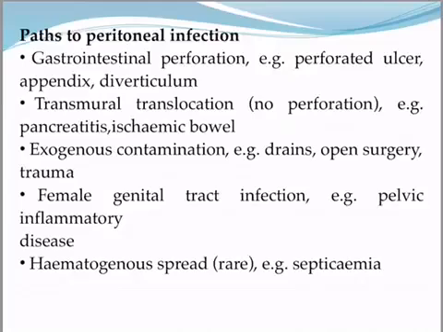Example, pancreatitis, ischemic bowel, vascular occlusion. Or by exogenous contamination from drains, from open surgery, or direct trauma. Or it can reach the peritoneal cavity by ascending infection from the female genital tract. As you know, the female genital tract is open to the exterior, and the vagina, uterus, and fallopian tubes can cause pelvic peritonitis. Or by hematogenous spread from septicemia.